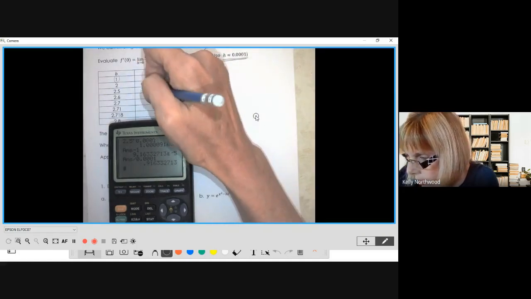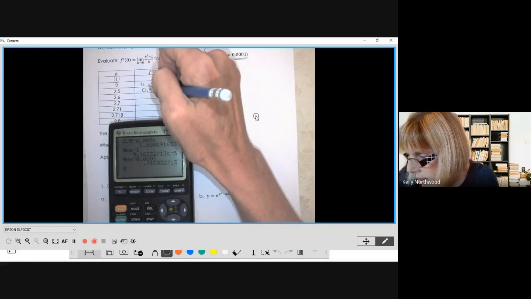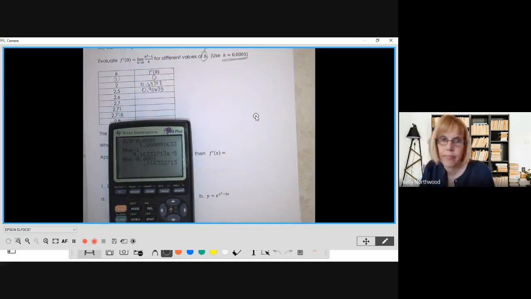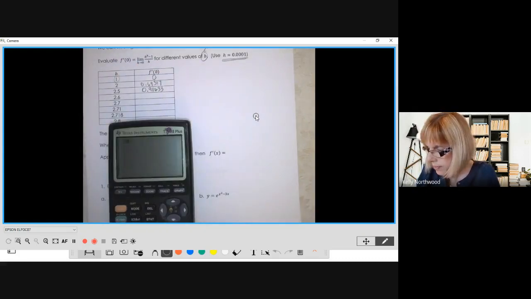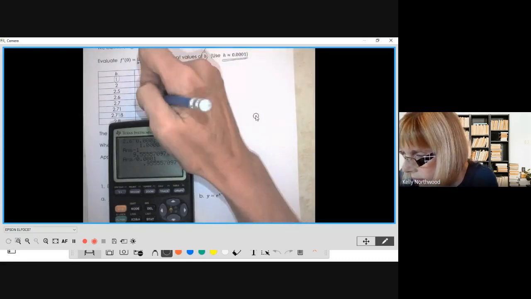We're getting closer to 1, 0.91633. Now I'm going to try the base 2.6 to the exponent 0.0001 minus 1 equals divided by 0.0001, 0.9555.